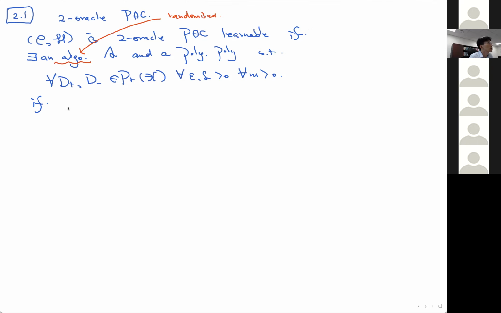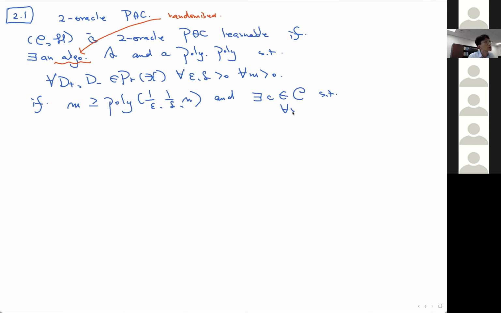So if the usual condition is that the sample is greater than a polynomial in 1/epsilon, 1/delta, and n. But there is another condition: D plus and D minus can be distinguished by some concept. So there exists some unknown concept C such that you can distinguish examples from D plus and D minus.